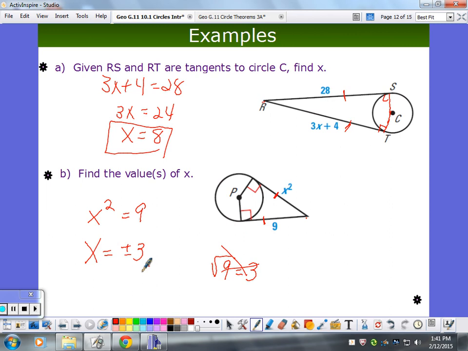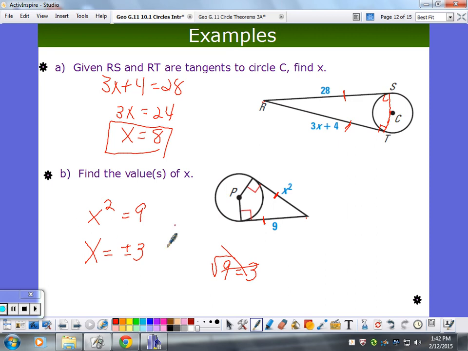Don't forget now we have to check whether these solutions make sense. So 3 squared is 9. Is -3 a viable solution here? What do I mean by that? Does it work? Is that a problem? How do you know if it's a problem? A side can't be negative. So if you were to plug in a negative side, no. So I do have two solutions. It could be -3. So don't just toss away the negative.